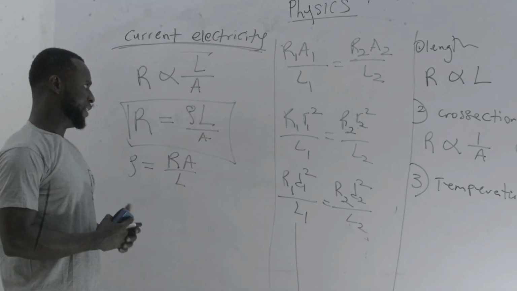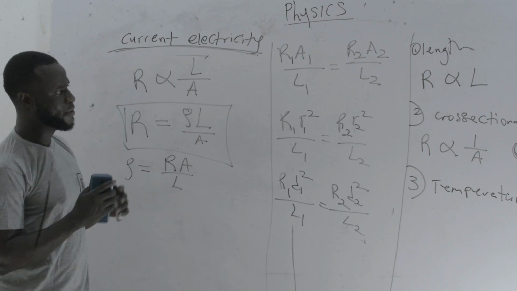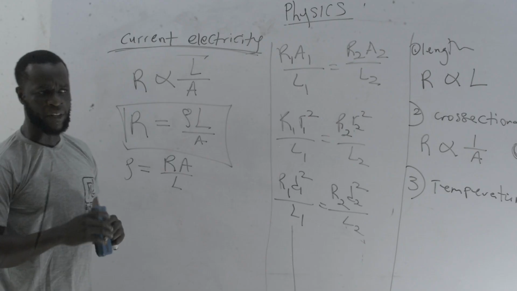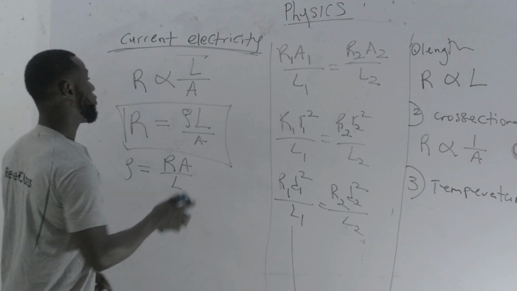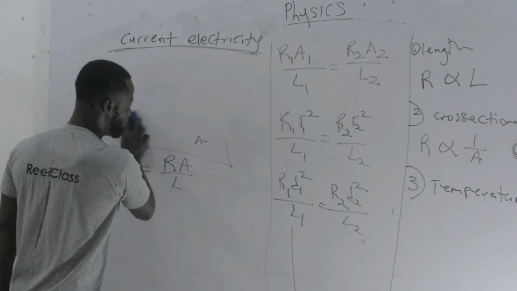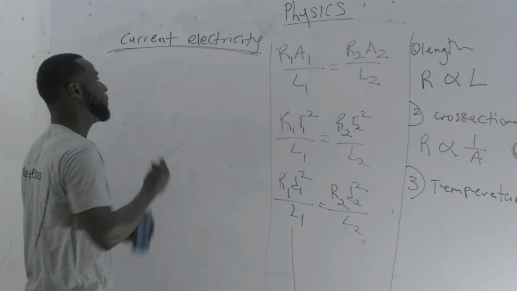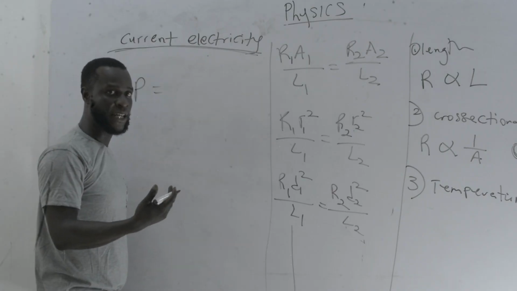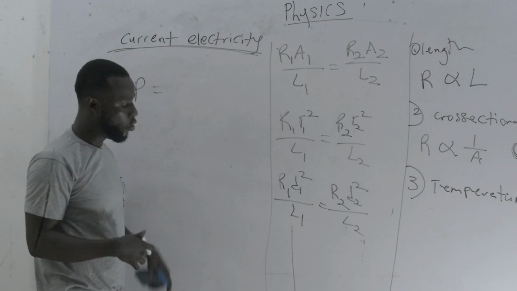So having said all of this, the next thing that is important for us to know is the electric power. And electric power is not really a difficult concept because we already know that power generally is the rate at which energy is being expended or the rate of doing work.